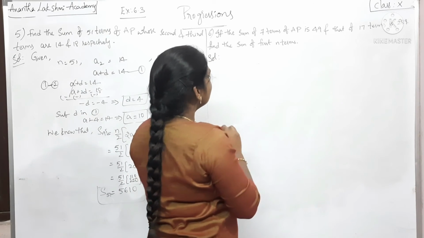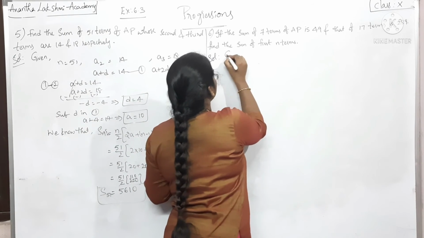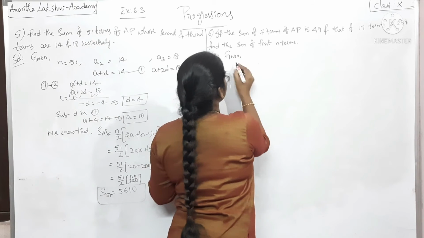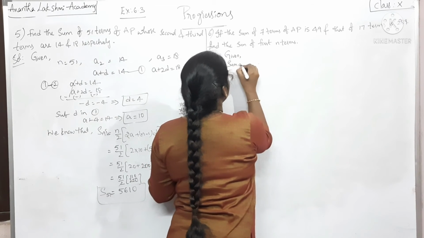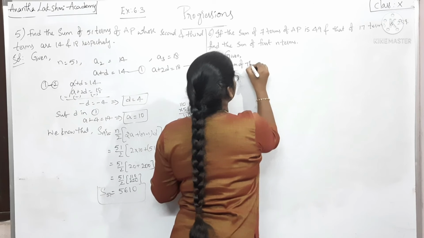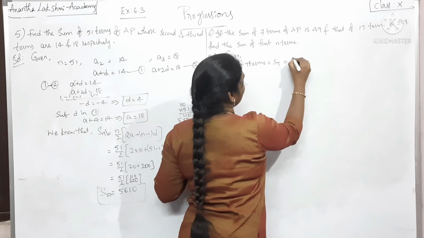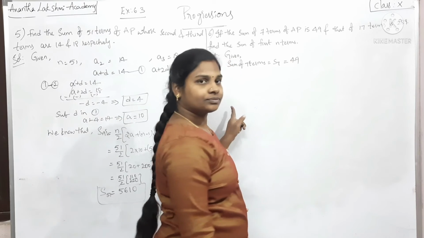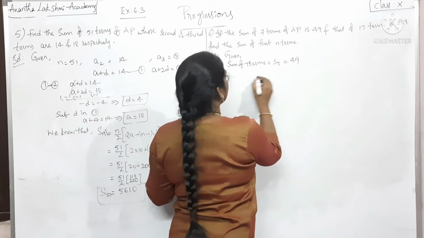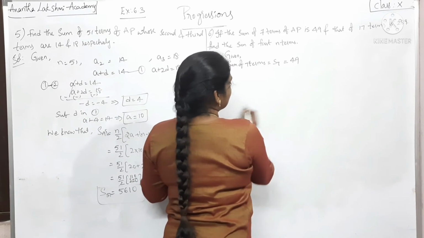What is given for us? Sum of 7 terms, which is nothing but S7 is equal to 49. So what is this S7?